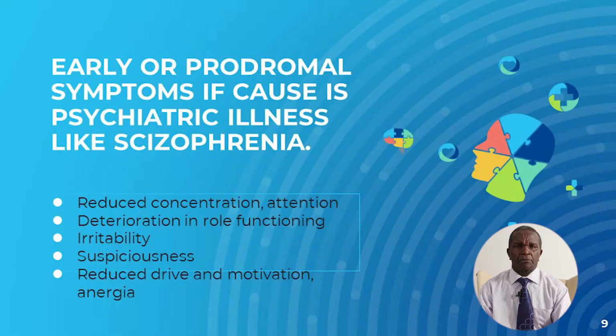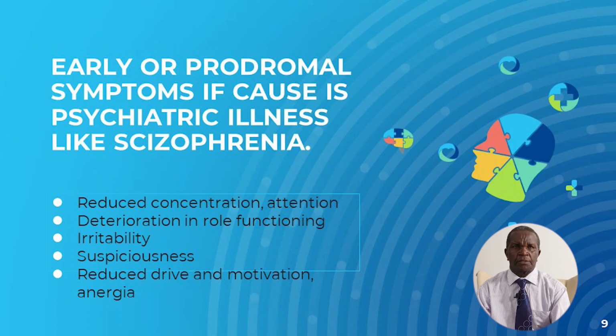Now, there could also be early prodromal symptoms in psychiatric causes of the illness, such as in schizophrenia, where the patient will present with reduced concentration, deterioration in the role functions the patient normally performs day-to-day.